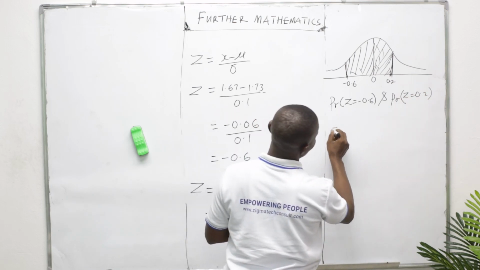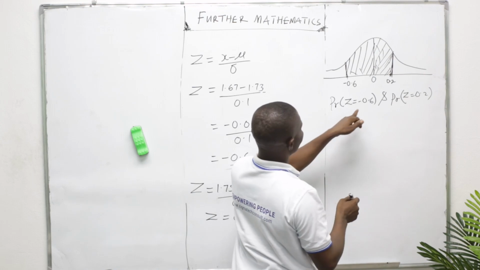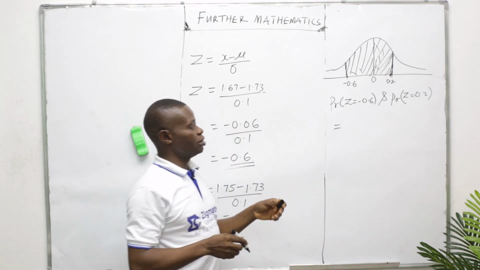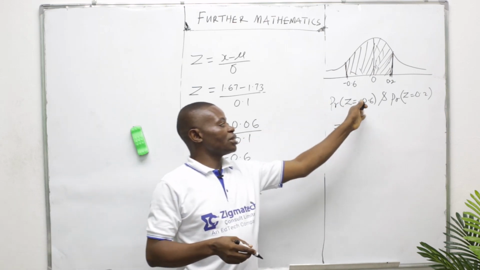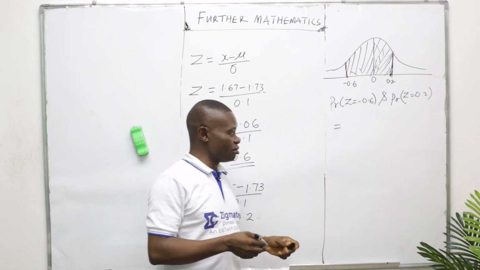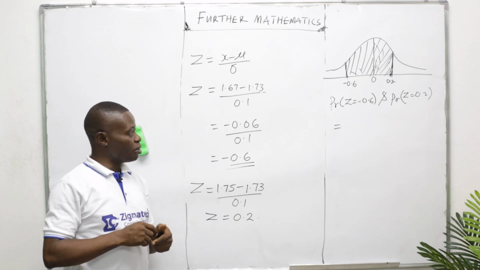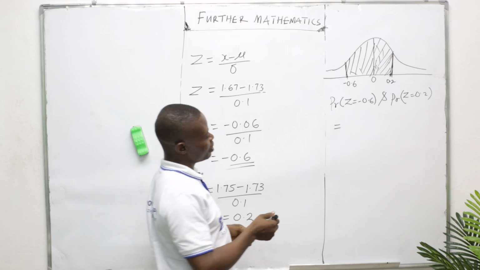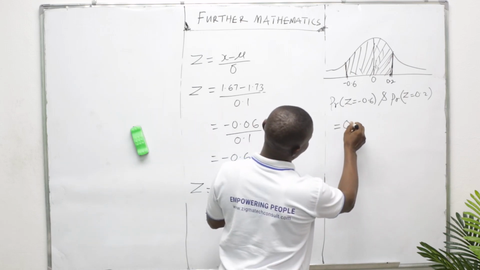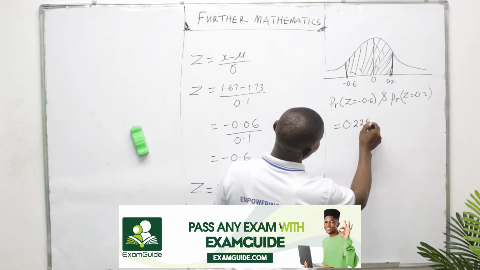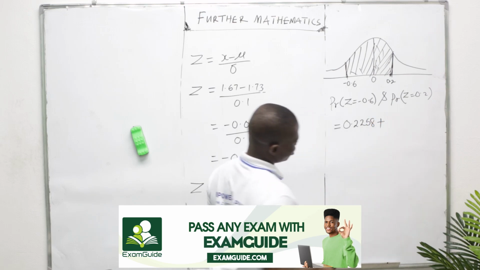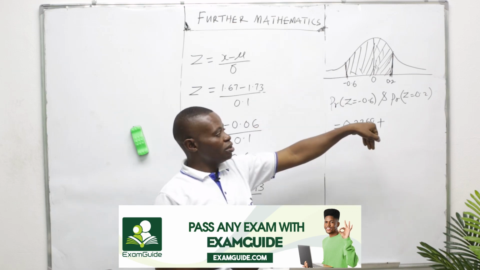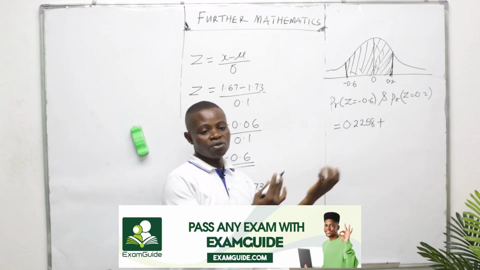From the table now, minus 0.6, just check 0 under 6, you will have a value from the table of normal distribution, and that value here is 0.2258. I'll write 0.2258, then plus.